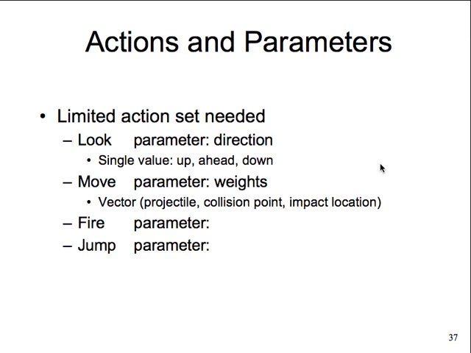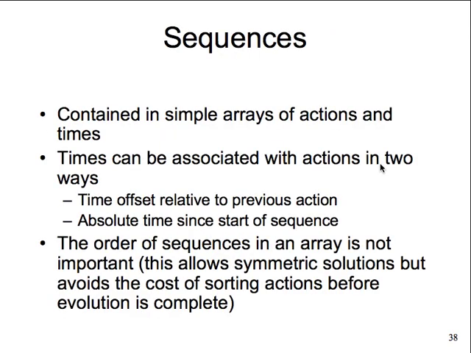There are ones that do problem solving for the traveling salesperson. There are genetic algorithm examples out there that do game playing, role playing, stuff like that. For actions and parameters, they have limited actions needed to look in a direction and to move. We have weights, moving left to right, fire, jump, and different environmental stimuli that give us sequences.